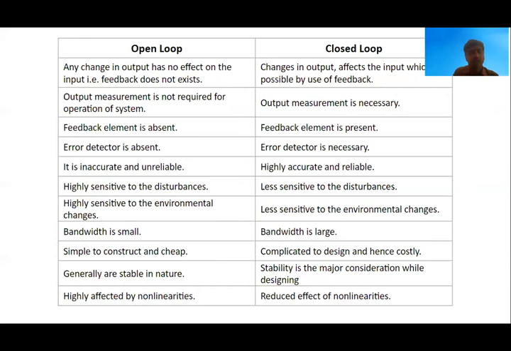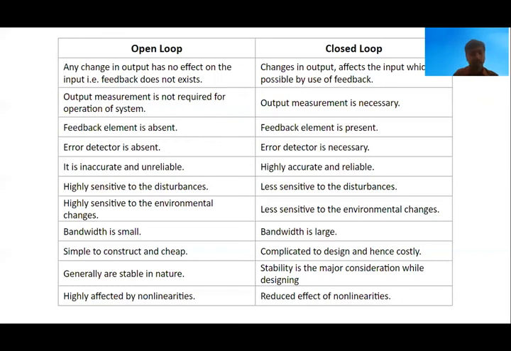In the open loop system, due to the absence of feedback, any change in the output doesn't affect the input. In the open loop system, output measurement is not required for the operation of the system. Since there is no feedback, there is no need for output measurement. Whereas in the closed loop control system, output measurement is required to feed that output back to the controller to take the necessary action.